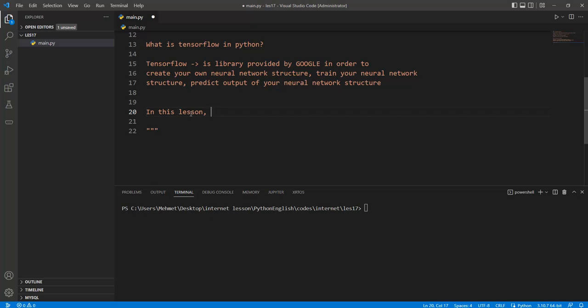And so we accomplished a simple neural network created in this lesson in order to fit some data by using the input and output values. Okay?